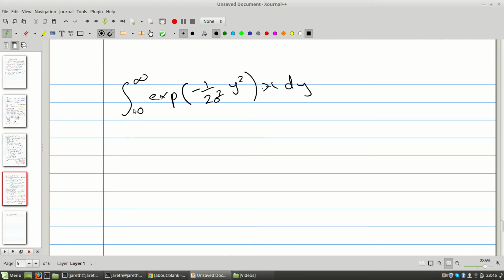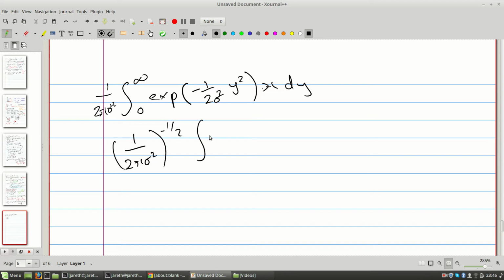So 2 pi sigma squared to the power minus a half times the integral from 0 up to infinity of the exponent of minus 1 over 2 sigma squared y squared mu dy. And of course mu does not depend on y, so we can take it outside here.